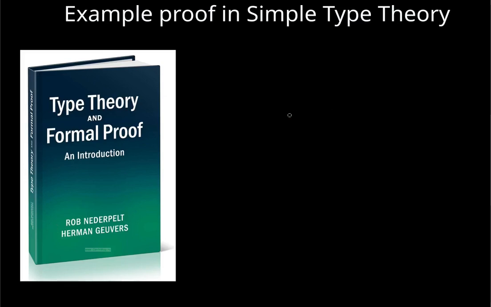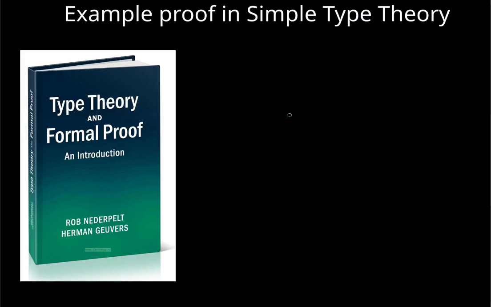So what are the languages? In the beginning of the book, the languages are more basic and they build up in complexity, and then at the end, they're all combined to build this complicated type theory called the calculus of constructions.